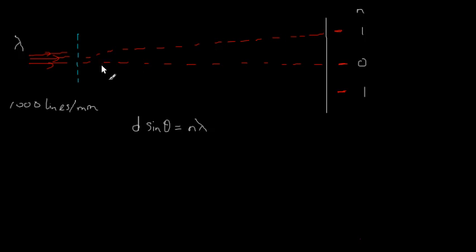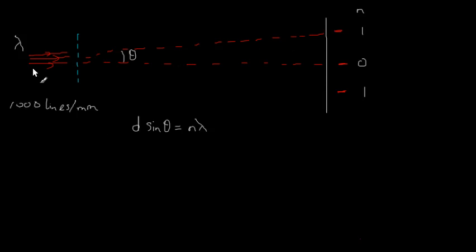These are the two main beams of light that spread out and go to the screen. This is the angle that we need to measure. I call this theta. We can set this up, observe the fringes, and maybe use a protractor to measure this angle.